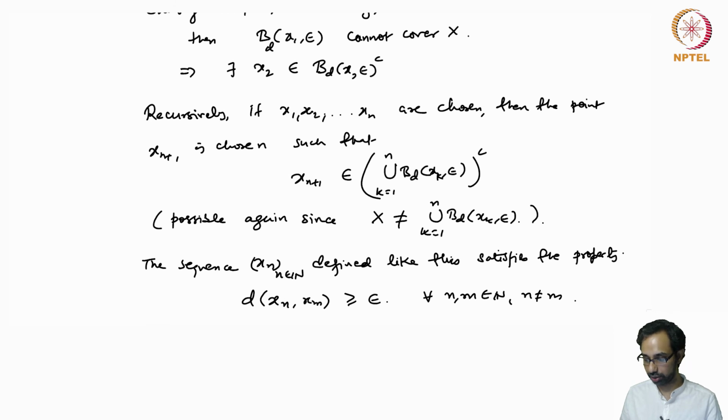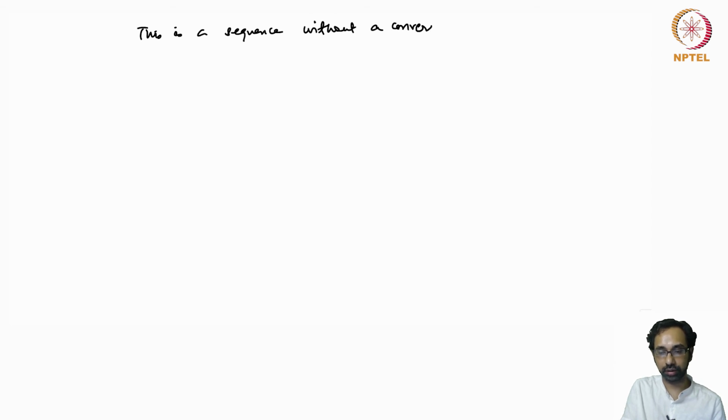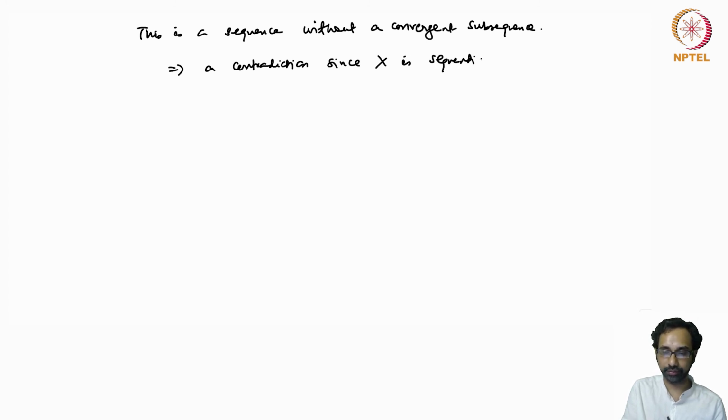And this leads to a contradiction. So this is a sequence without a convergent subsequence, and this means that your space X, this is a contradiction, since X is sequentially compact. So we see that a sequentially compact space is also totally bounded.